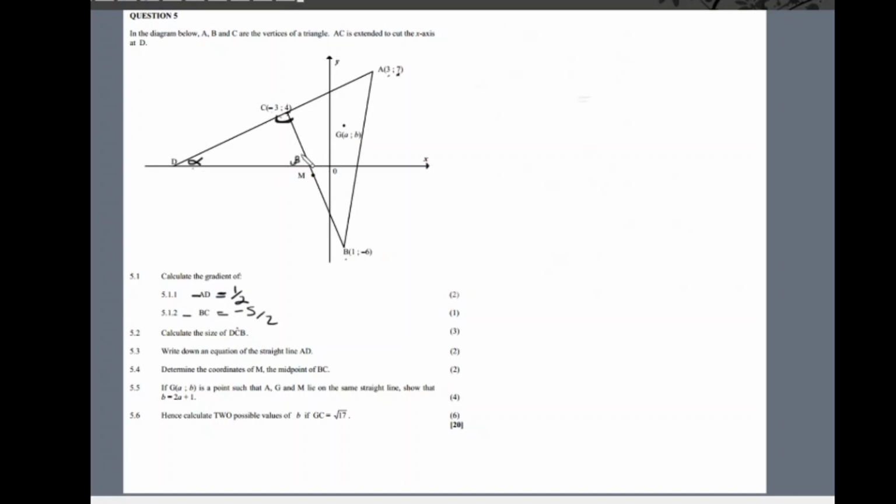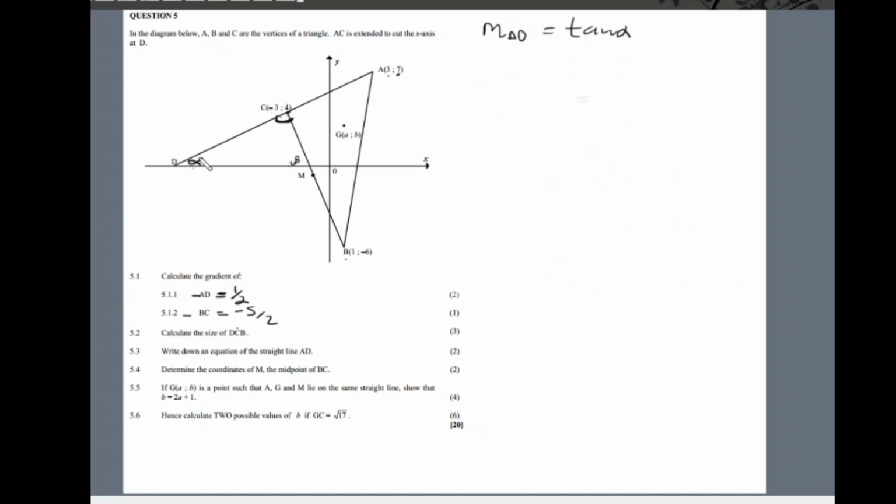Let us start by calculating the angle alpha. Remember, we said there's a relationship between the gradient and the angle of inclination. If we have a gradient of a line m_AD, that gradient should be equal to tan theta. In this case, our angle of inclination is alpha, so here we'll have tan alpha.